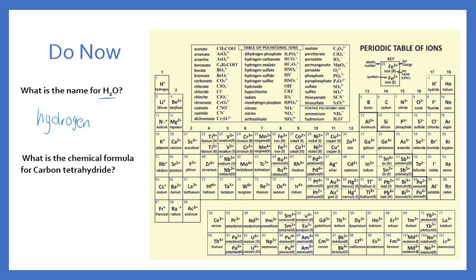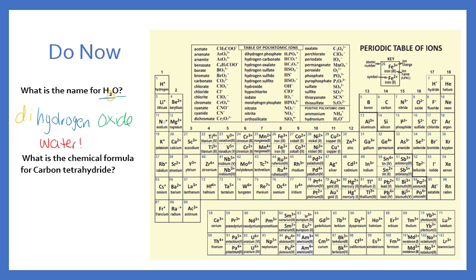There are two of them, so it's dihydrogen, and then the O is oxygen, so it's oxide. The proper name for H2O is dihydrogen oxide, which we've also named officially as water.